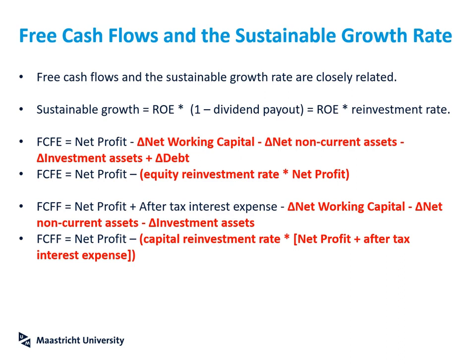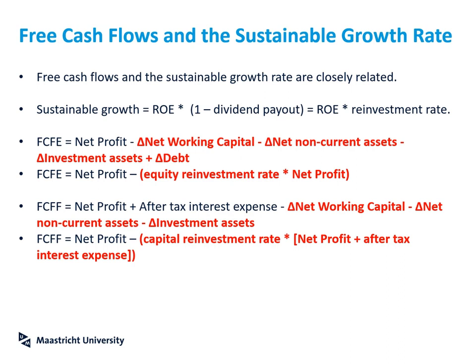So when we looked at free cash flows, we subtracted those three investments and we added back the change in debt. But this will actually be exactly the same as looking at the equity reinvestment rate. And if we don't incorporate debt, we can actually see that the capital reinvestment rate is equal to our investments in those three asset groups.